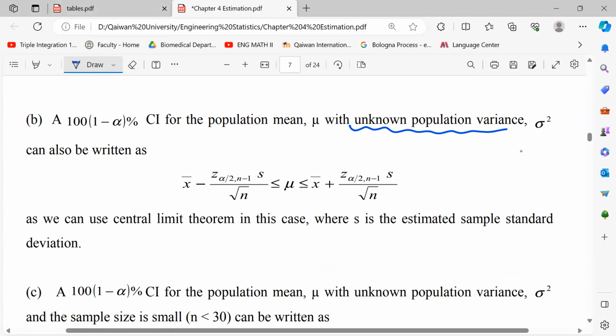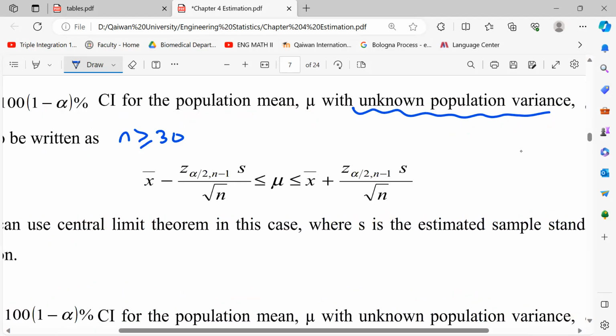If the variance is unknown, but the sample size is greater than or equal to 30, here we have n greater than or equal to 30. If the sample size is greater than or equal to 30, we use this rule.